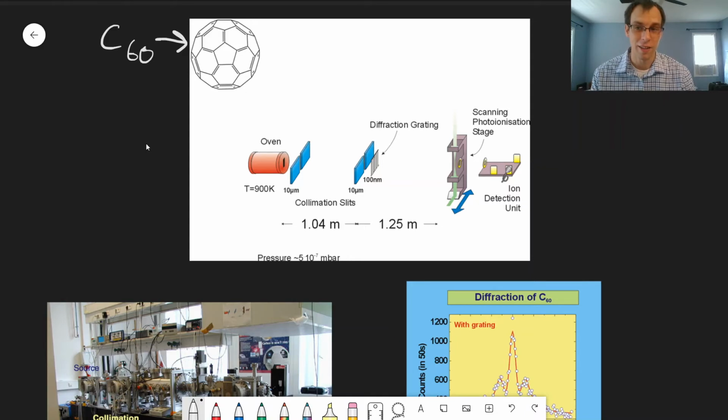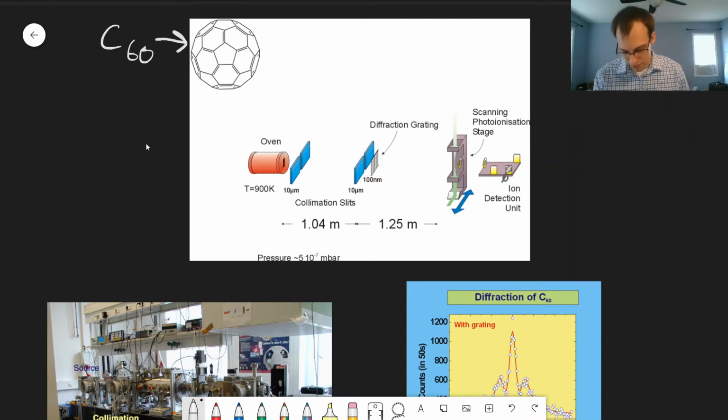It has an atomic mass of 720 atomic mass units, or Daltons, however you want to say it. So compared to an electron, this is massive, or even compared to a neutron or whatever else. But there was a group several years back, I think in the 90s, if I remember right, that actually showed that you could do the same sort of thing that we showed with electrons with C60, that you can observe diffraction of these large molecules.